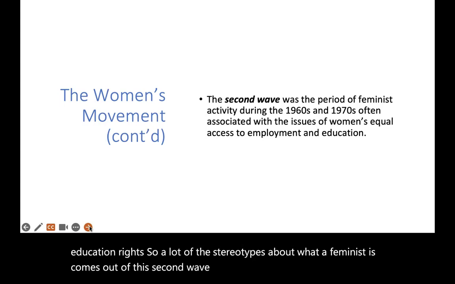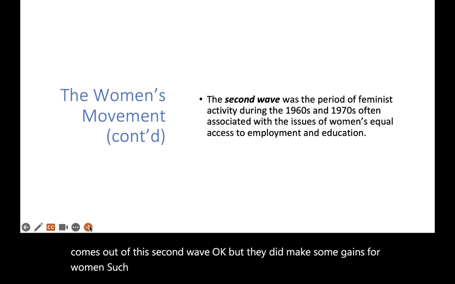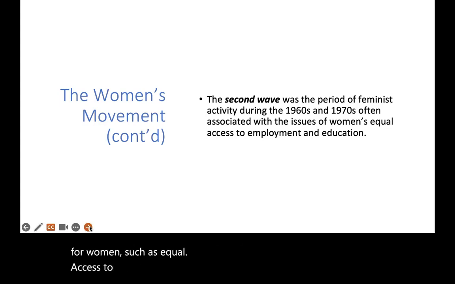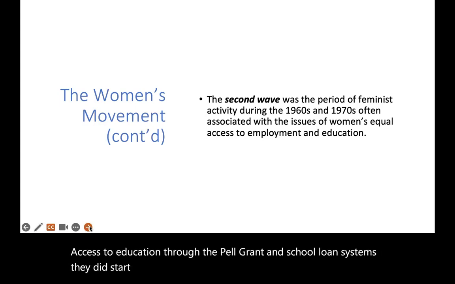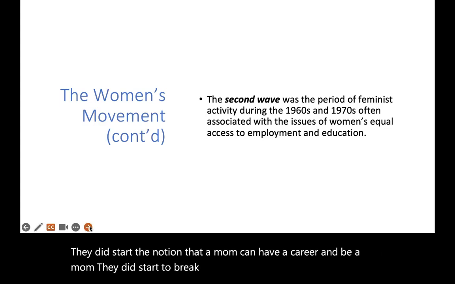Okay, but they did make some gains for women, such as equal access to education through Pell Grants and school loan systems. They did start the notion that a mom can have a career and be a mom. They did start to break down some of the power.